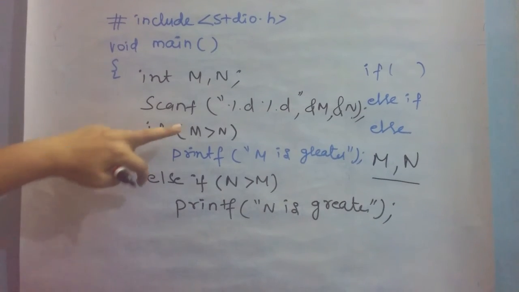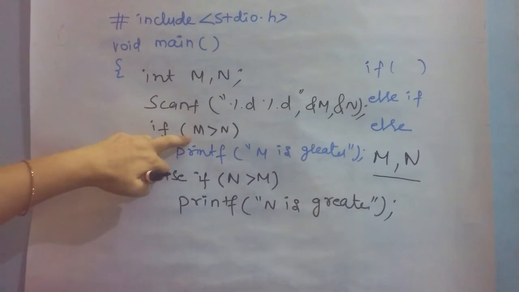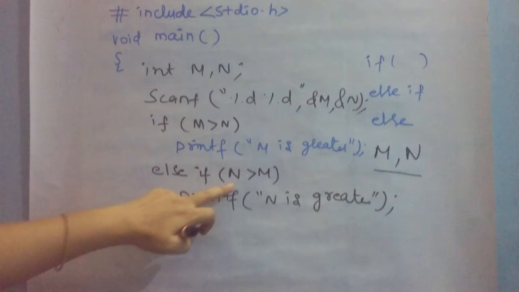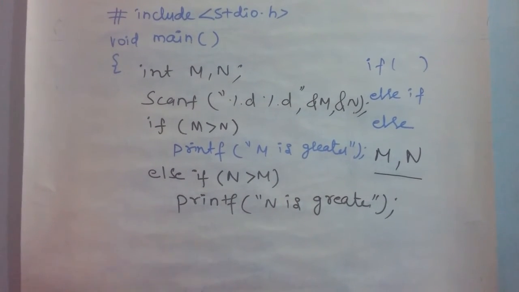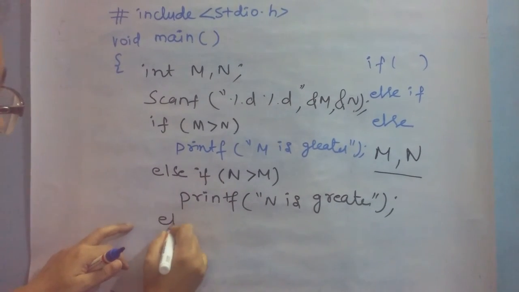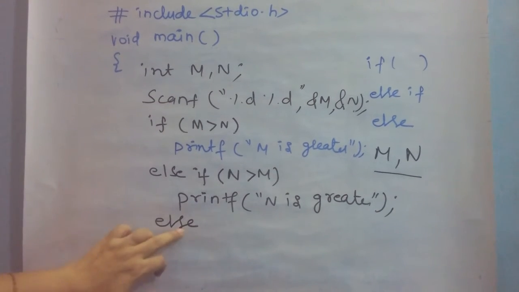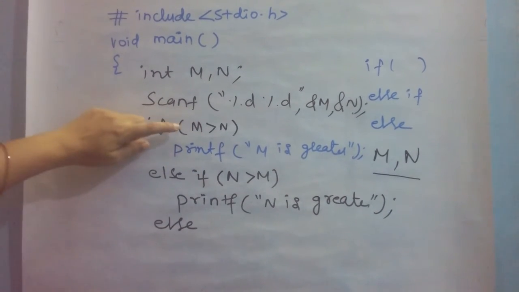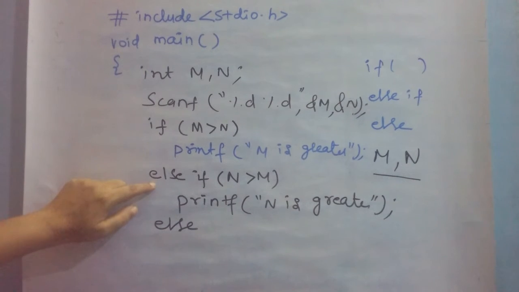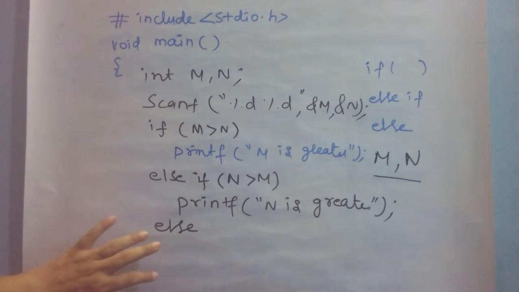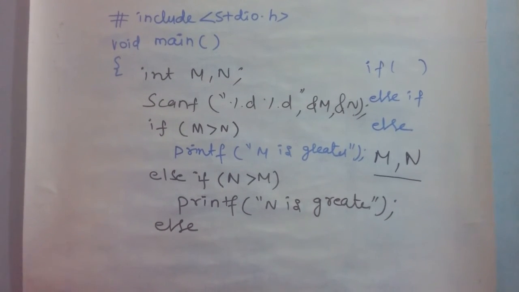If this condition is not satisfied, then comes your else part. The else part is executed when both the conditions specified in if and else if evaluate to false; then automatically it goes to the else part.